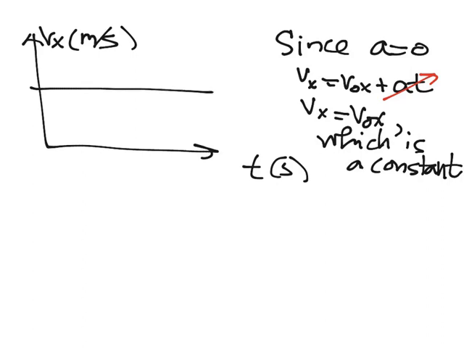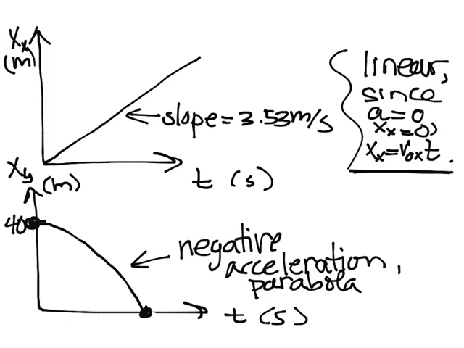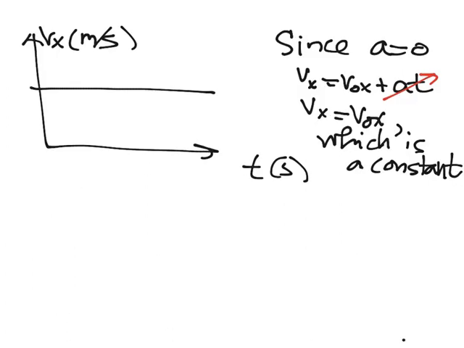Okay, so I should get a graph that looks like this, and the height of this graph, which maybe I'll put on the side, is our initial x velocity, which was 3.53 meters per second.